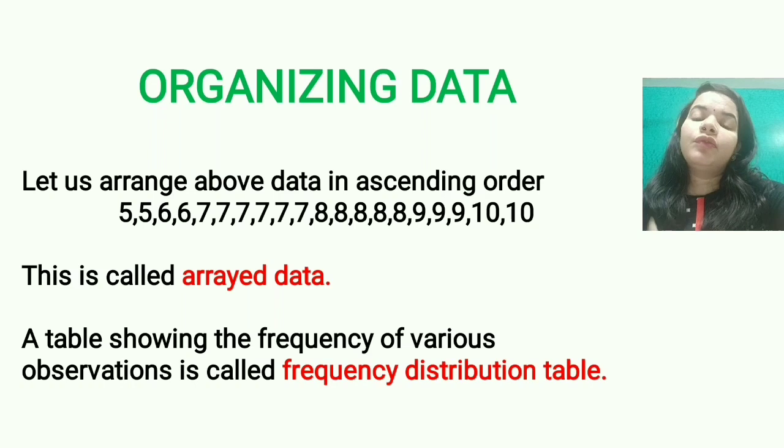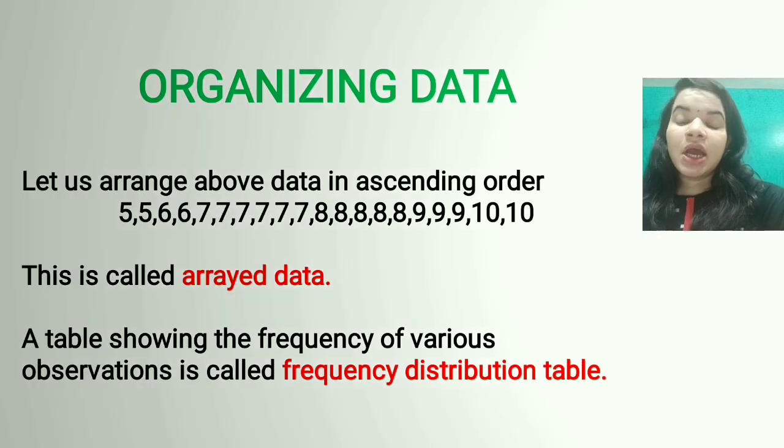Okay, and we represent the observation and the frequency, all these things in a form of table that is known as frequency distribution table. Such table showing the frequency of various observation is known as frequency distribution table.